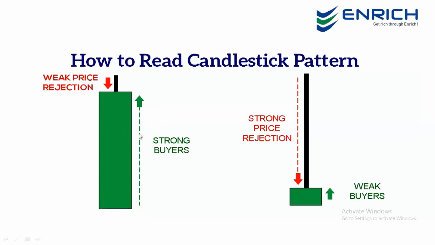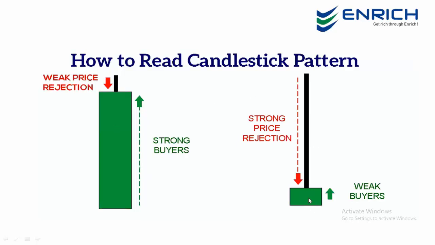Now, if you see here in the first candle, when the body is really big, okay, it shows strong buying control, or strong buyers, okay? And the shadow is quite small, so we can say the price rejection is weak. There has been a price rejection, but the rejection is quite weak, okay? It's just the opposite over here.